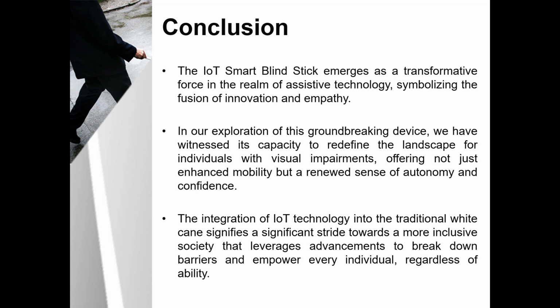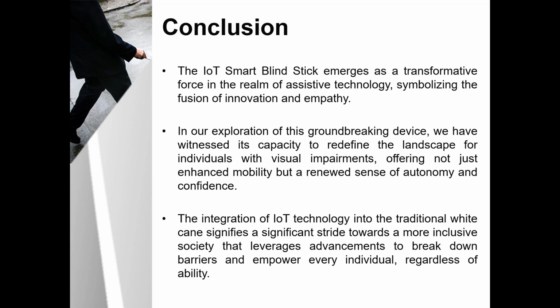The IoT smart cane emerges as a transformative force in the realm of assistive technology, symbolizing the fusion of innovation and empathy. In our exploration of this groundbreaking device, we have witnessed its capacity to reshape the landscape for individuals with visual impairment, offering not just enhanced mobility but a renewed sense of autonomy and confidence.